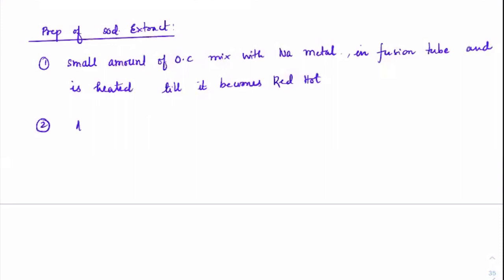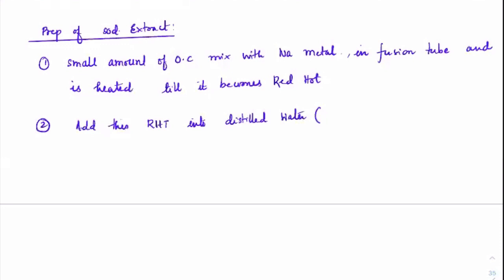Now we take this red hot tube, got it, into distilled water. The minute we put it into distilled water, imagine a very red hot glass suddenly put into water which is at a much lower temperature.